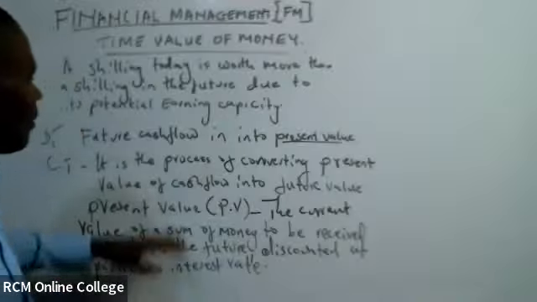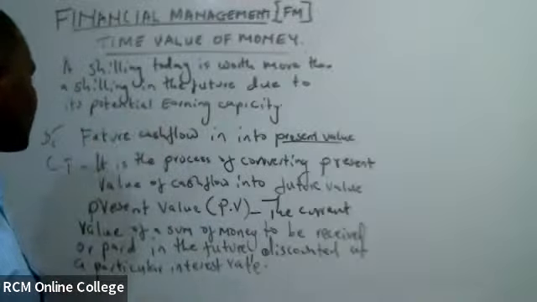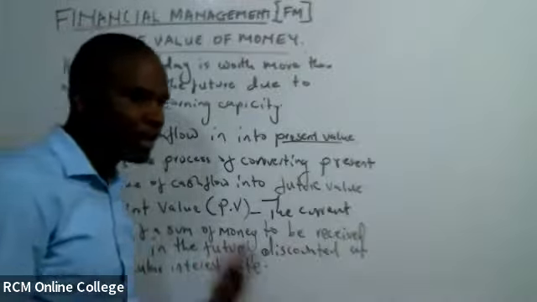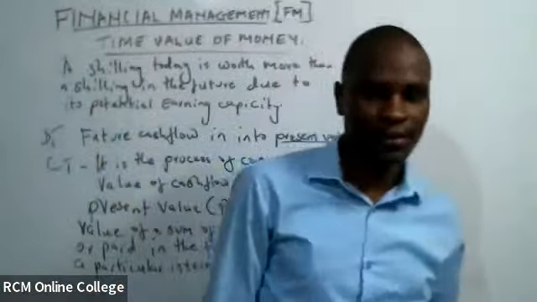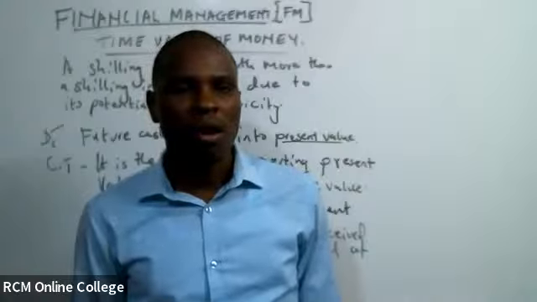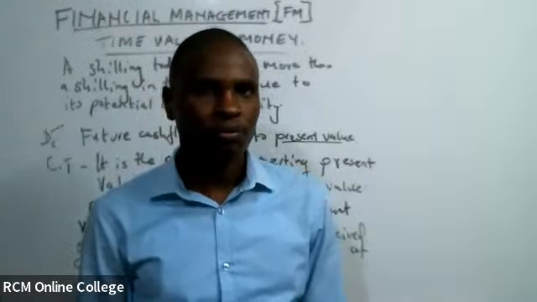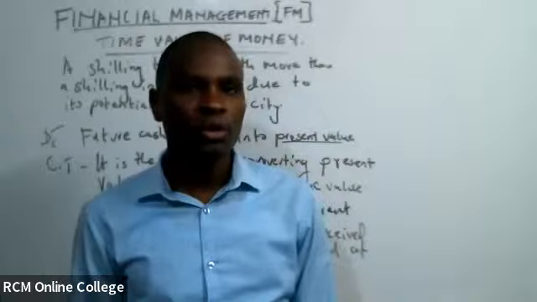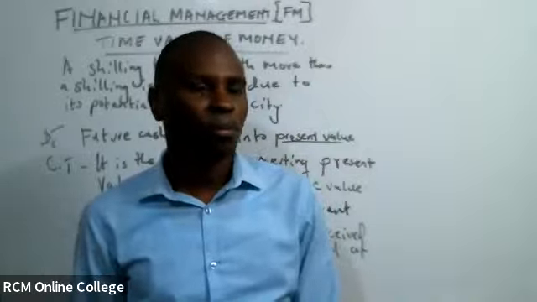To get the present value, we usually discount. It's good to note that. If I want to get the present value, I discount. If I want to get the future value, I compound.